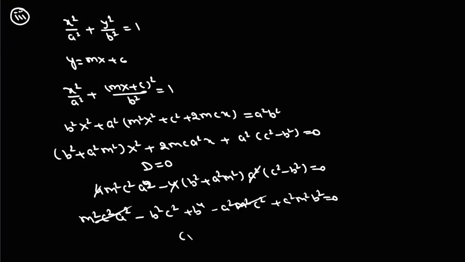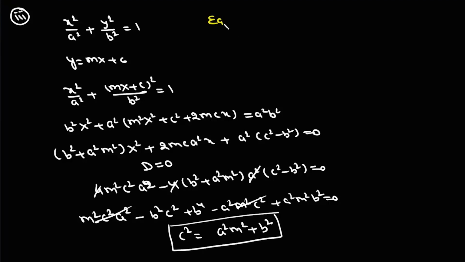So from here we can write c square as a square m square plus b square. So that is the condition of tangency. And if we have the condition of tangency, we can write the equation of tangent as y equals mx, and this c is plus minus under root a square m square plus b square. So that's your equation of tangent.